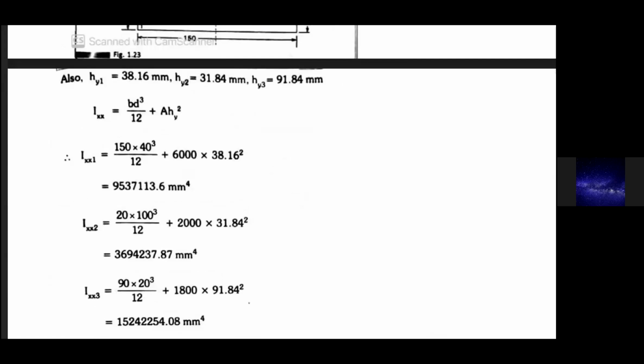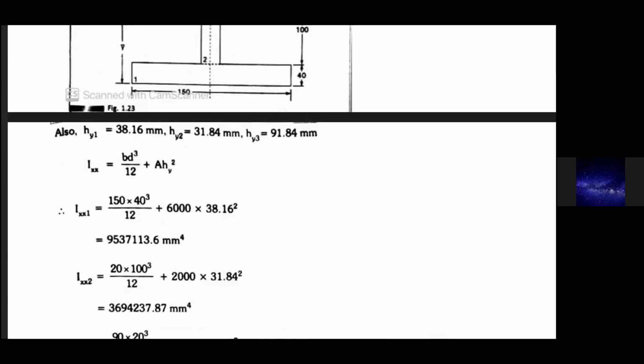The general formula for Ixx, it's a rectangle, is b d cube by 12 plus A into hy square. So Ixx1 is equal to B1 D1 cube by 12 plus A1 hy1 square. So that is 150 into 40 cube by 12 plus area, that is 6000, into 38.16 whole square. Simplify, we will get Ixx1.